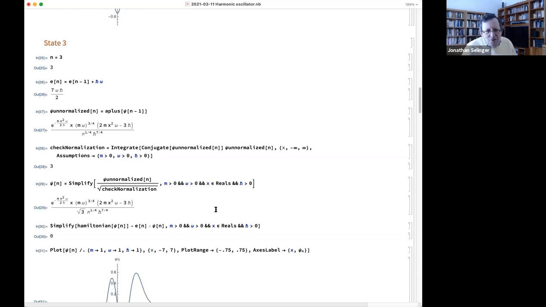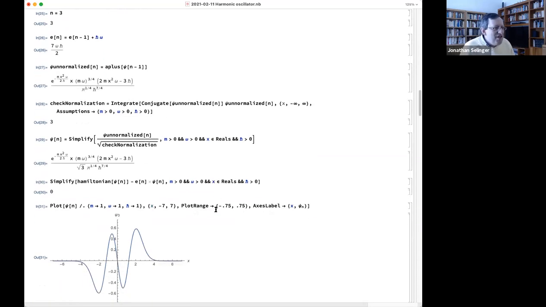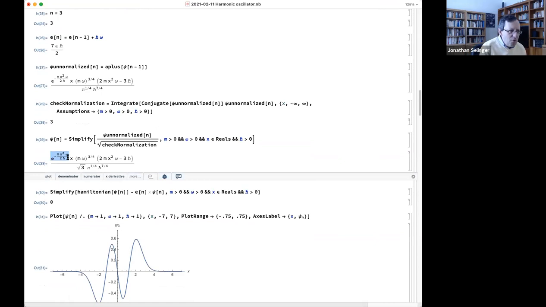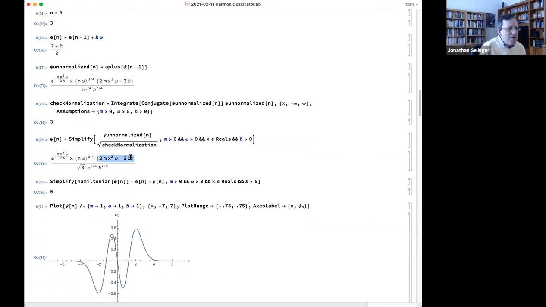Here is state 3. In state 3, the wave function looks like the same exponential factor always, times now a cubic polynomial. It's cubic because here's an x, and then here's an x squared minus constant, right? So that makes a cubic term and a linear term in x.